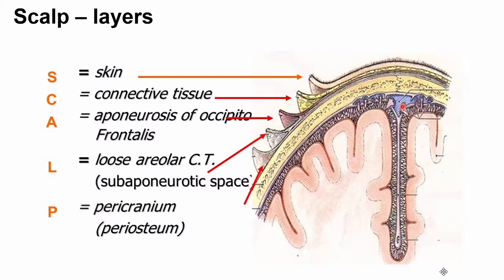So it is seen in the image. And by the way, this SCA, the first three layers are bound together as a single unit. Talagang nagkakadikit ito. The unit is sometimes referred to as the scalp proper.